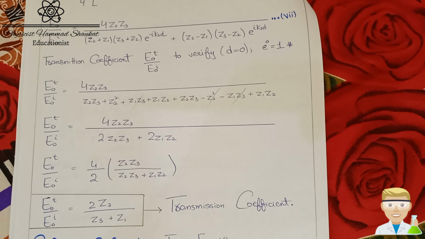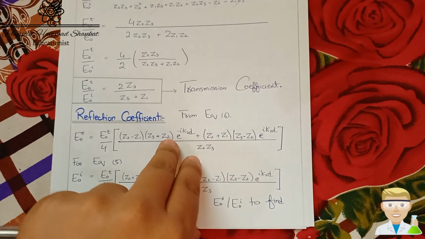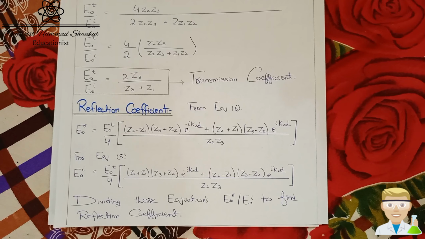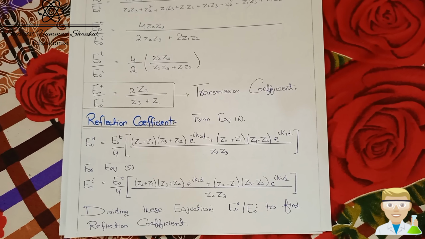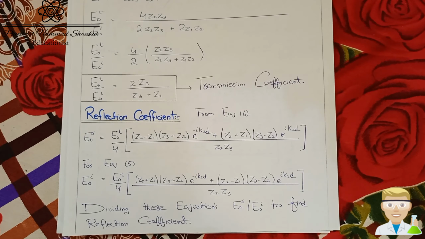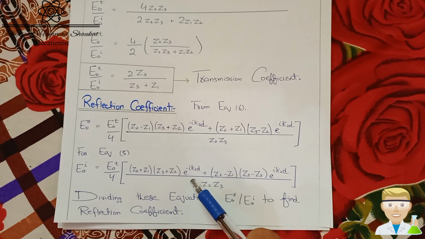Understood? Now let's find the reflection coefficient. As I told you, the reflection coefficient can be found by dividing the reflected electric field by the incident electric field. We already have both equations. This is our reflected electric field, this is our incident electric field.